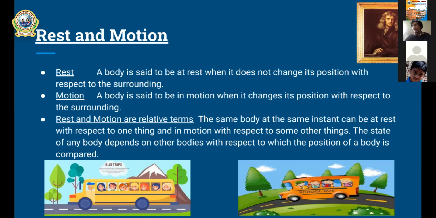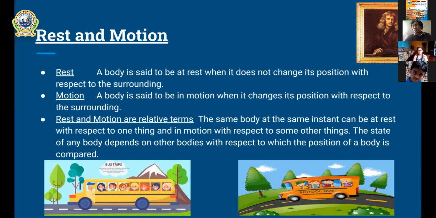This means we can define both states for the same body in certain conditions. Just like you can see in the example of a moving bus which has passengers inside it. The passengers are inside the moving bus. The bus is moving. When we see the passengers with respect to the bus, the passengers are at rest, meaning the passengers do not change position with respect to the bus.